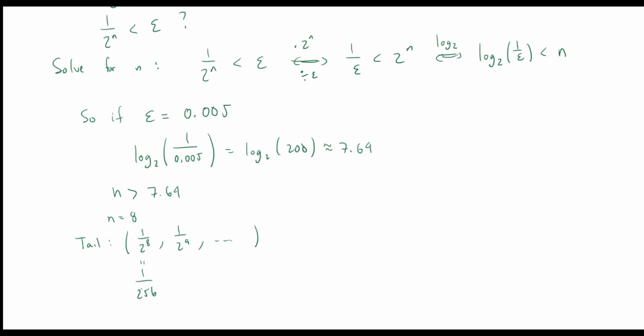And yeah, 1 over 256 is less than 0.005, which I only know because I know 0.005 is 1 over 200.